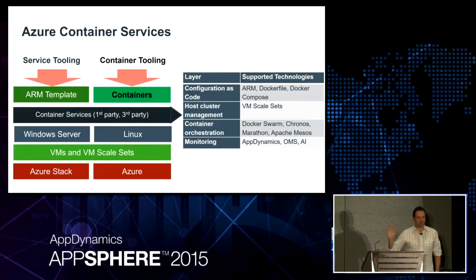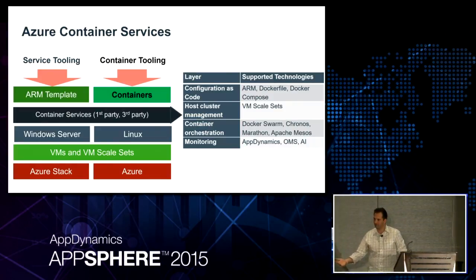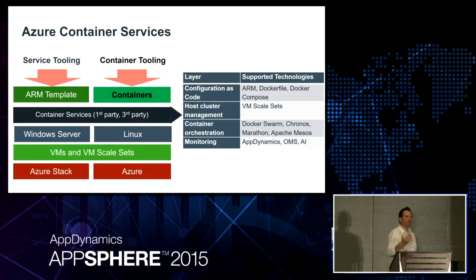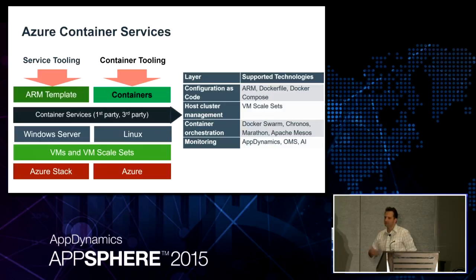All it does is make it super easy for you to spin up a cluster using Mesos, which is a very popular cluster management framework. And then we give you a bunch of orchestrators on top of it. Out of the gate, we provision Chronos, Marathon, or you can use Docker Swarm. There is no magic that Microsoft has done. It's very important. It's very open, and you can do whatever you want.